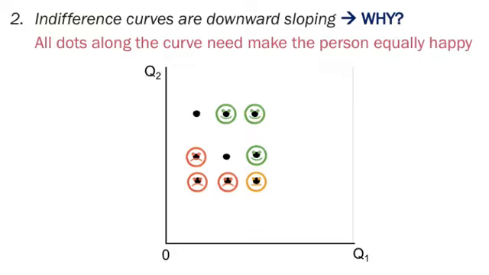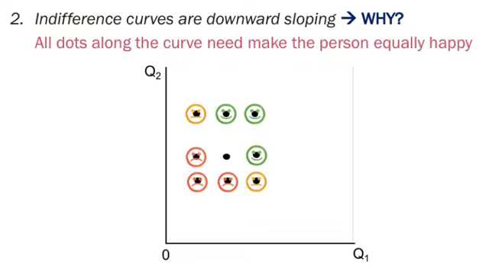And then finally, to round it out, if you consider a pile of stuff where it yields a combination of goods that's consistent with the bundle off to the northwest relative to the original bundle, well, for that bundle of stuff, it's plausible that a person is indifferent between that bundle and the original one, because if you move from the original one to this last dot, well, you're getting more of the good on the vertical axis, but you're giving up some of the good on the horizontal axis.